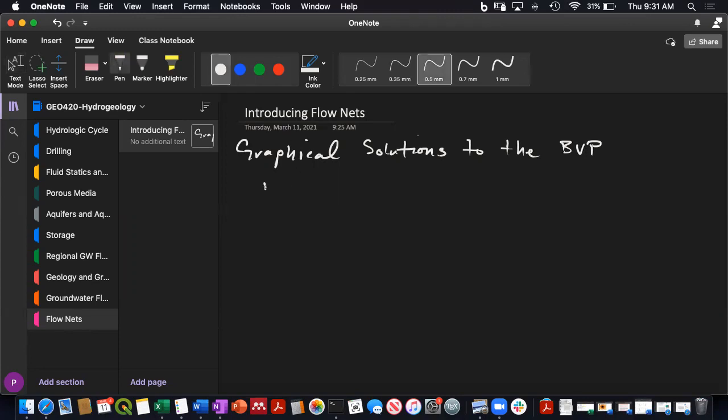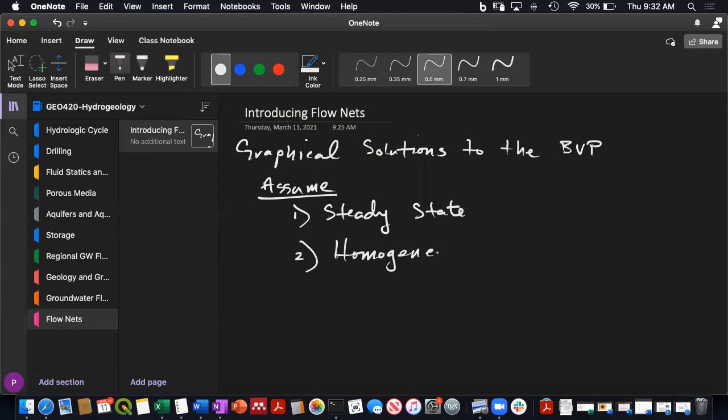So assume: steady state, homogeneous, isotropic.